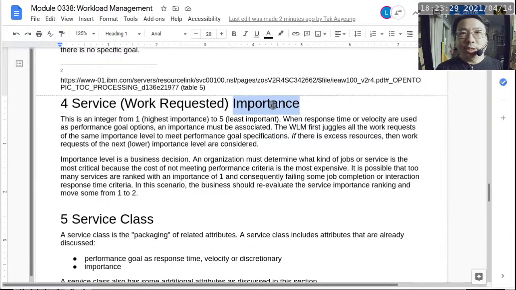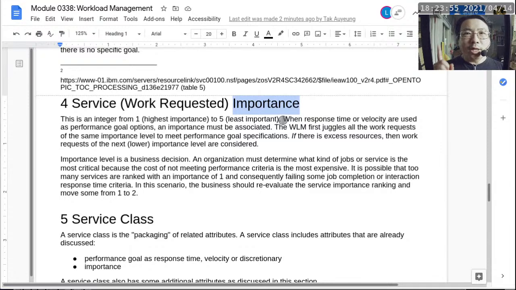Okay, what does it mean when we have surfaces that are of different importance level? So what that means is when we try to meet the performance goals, we'll prioritize. The system will prioritize to first make sure that the performance goals of everything of importance 1 to be met first.